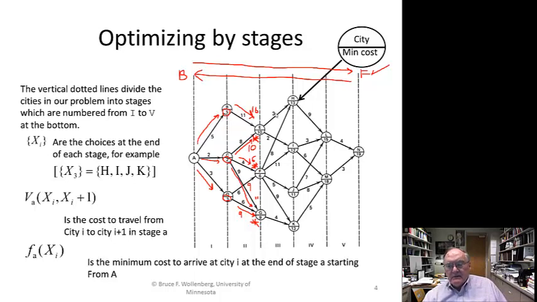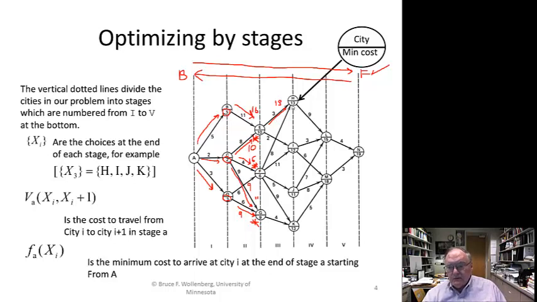Pardon me, the minimum is 13. Well, if this is 10 and I go up this path, it's 10 plus 3 is 13. So once again, it's the 10 here, the optimal cost at E. The minimum cost to get to E plus 3 is 13.